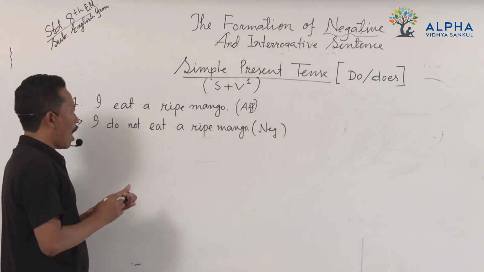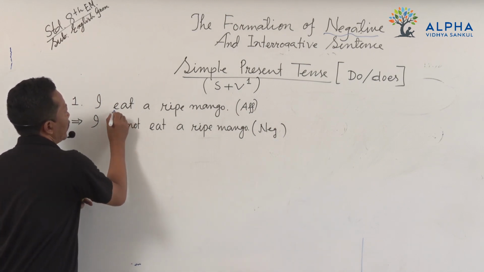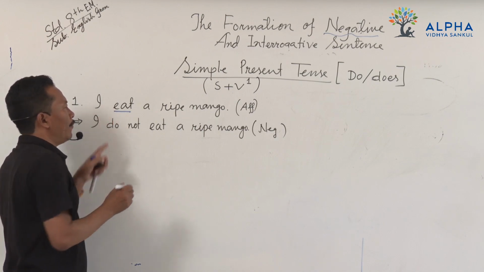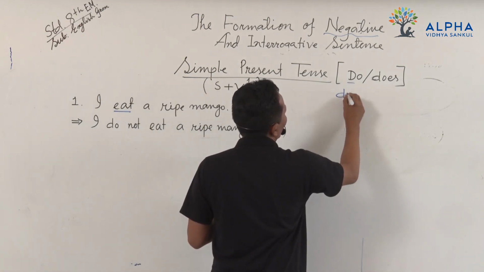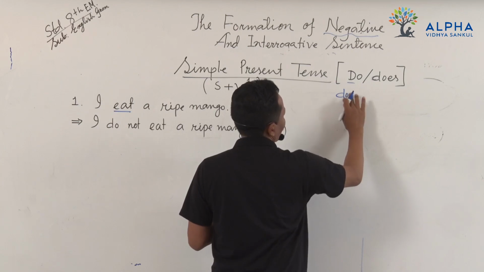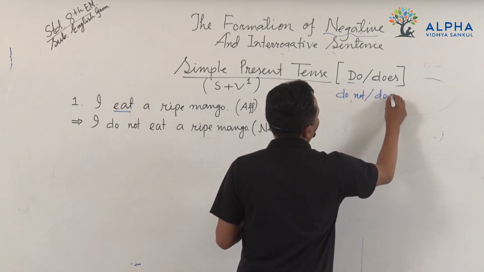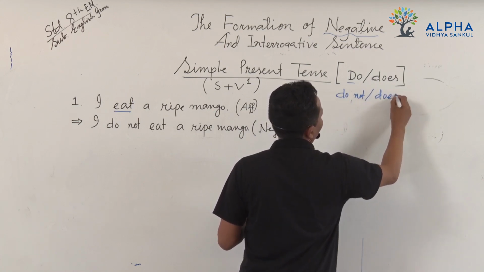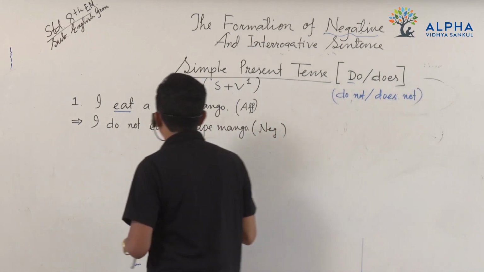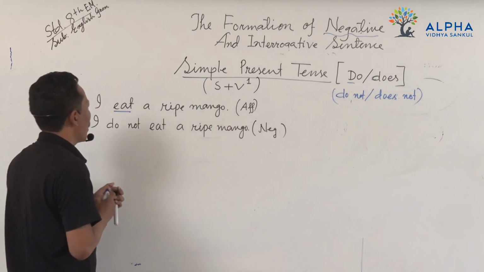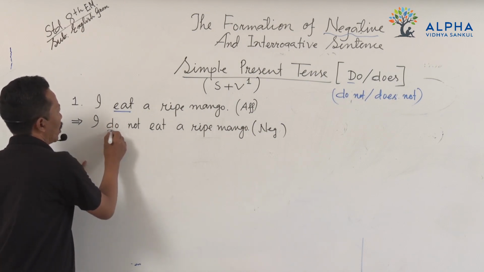See how I make this sentence. The verb is the present form, and we have to use what? Do not. Or what? Does not. Here it is the present, I use do not.